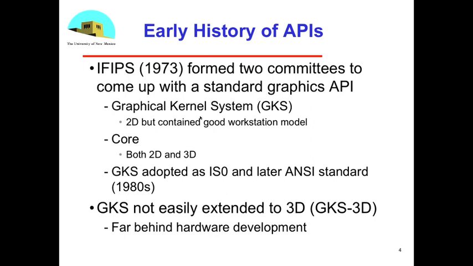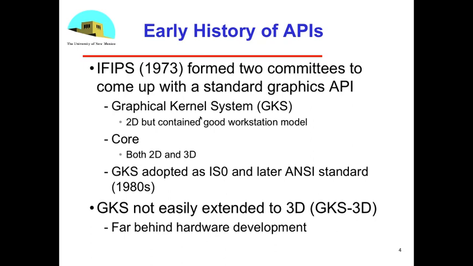And so various committees were trying to standardize the software just as they had with various other languages, whether it was Fortran or anything else that was around at that time. The organization that had been doing that was the International Federation of Information Processing Societies, and in 1973 they formed two committees.